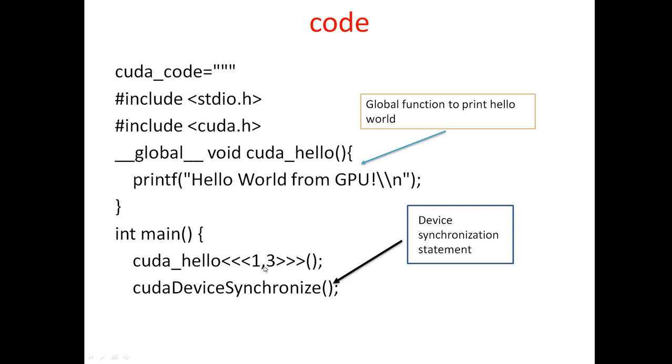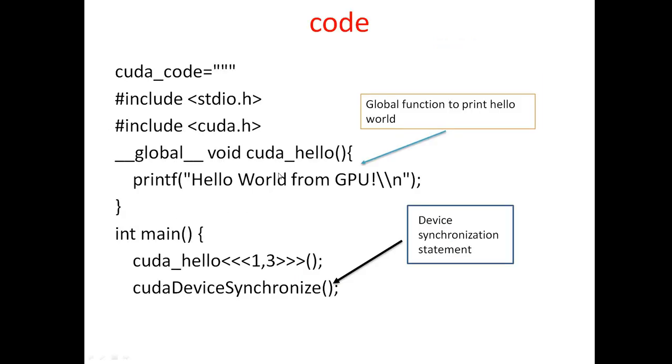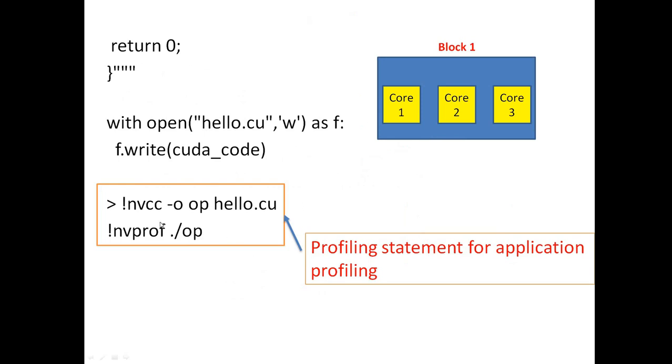We are calling it with one block and 3 threads, which means we are going to call this function from 3 different threads, and it is going to print hello world 3 times. Diagrammatically, this is a block with 3 cores, and core 1, core 2, core 3 each execute the function hello world from GPU.